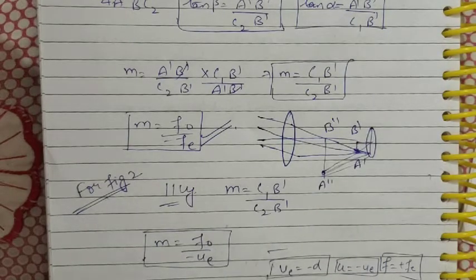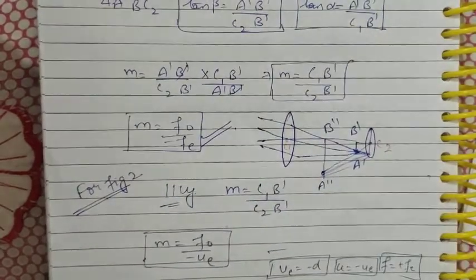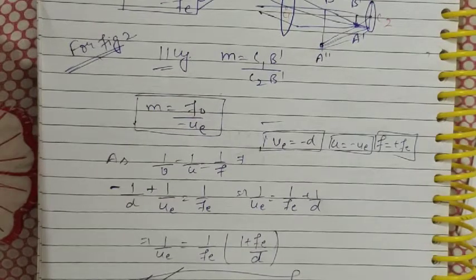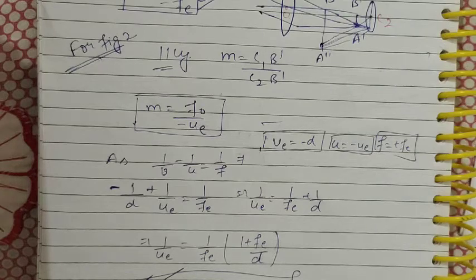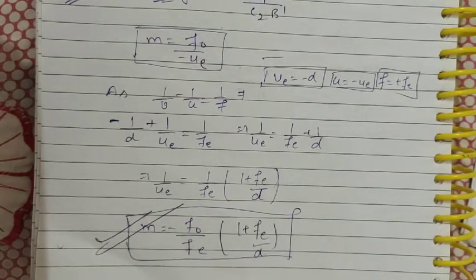Now it is C1, it is C2. Now let's see another derivation. Similar. Clear? That's all about the astronomical telescope.